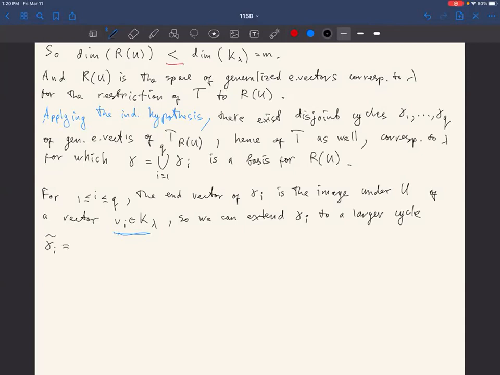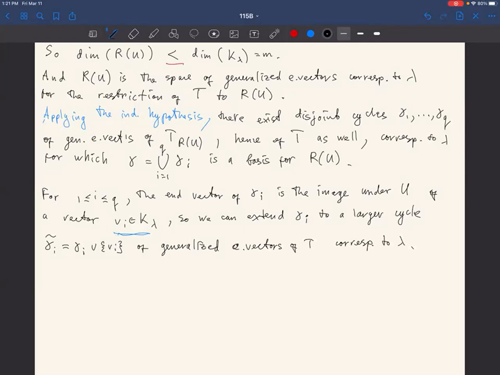This consists of gamma i and this additional vector v_i, so that U maps it to the end vector of gamma i itself. So we're just adding one more vector at the end to each cycle, which is the preimage of the end vector of gamma i under U. So this gives us a cycle of length one more, and this is still a cycle of generalized eigenvectors of T corresponding to lambda.